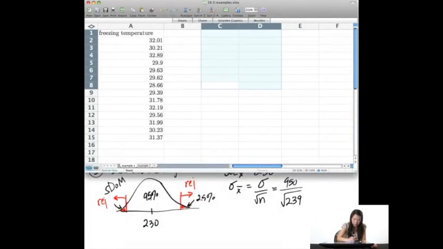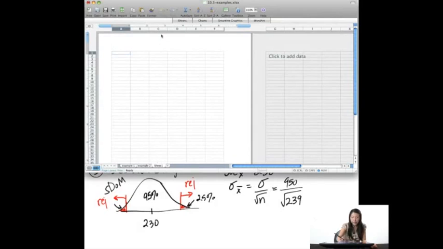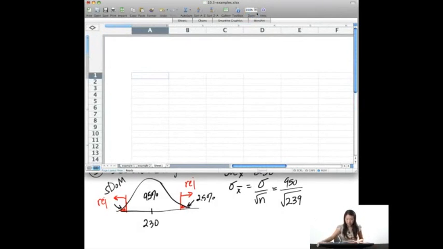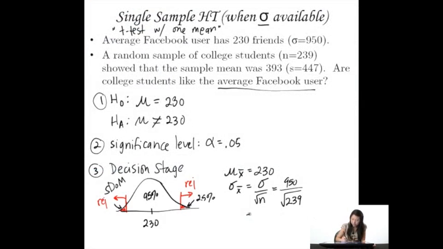I'm going to just use a blank Excel file. So here's 950 divided by the square root of 239. So I get 61.5. Okay, so that's my standard error of this population.